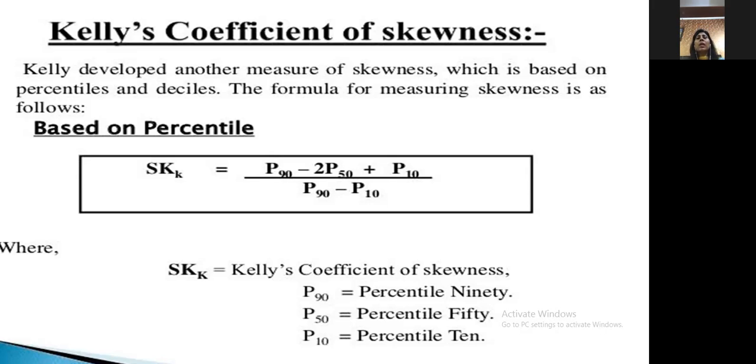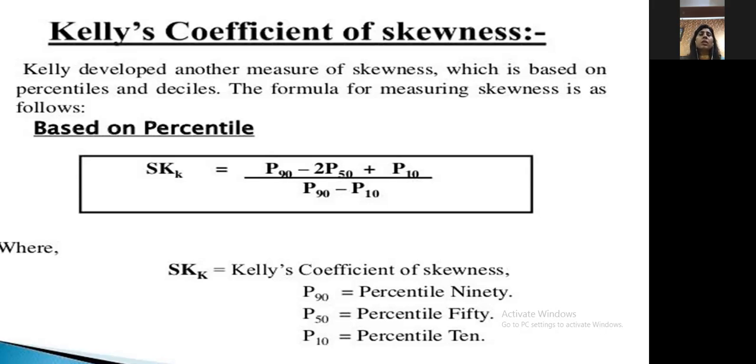Now this Kelly's coefficient of skewness is the last one among the relative measures of skewness, and it is developed for finding out the skewness by using percentiles.